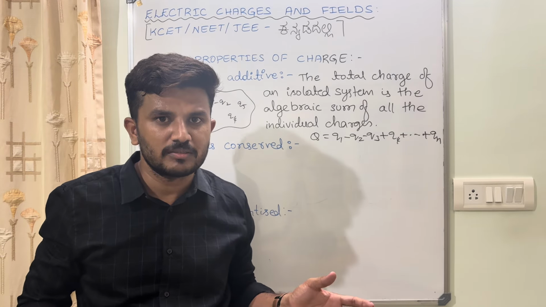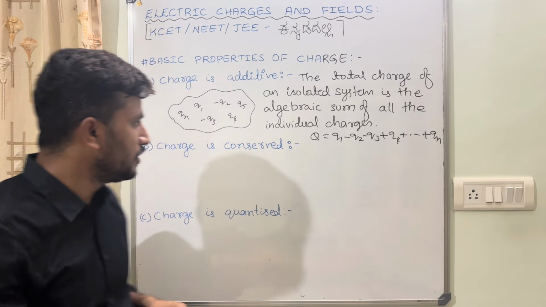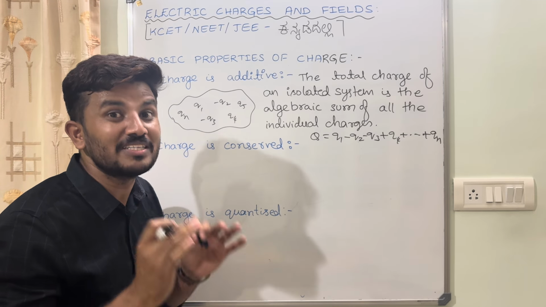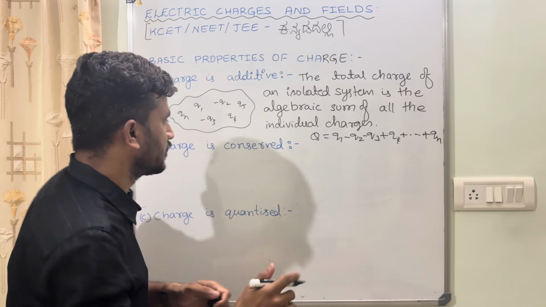Next we have charge is conserved. Conservation means the particular physical quantity remains constant. So here the total charge of an isolated system remains constant. It does not vary.